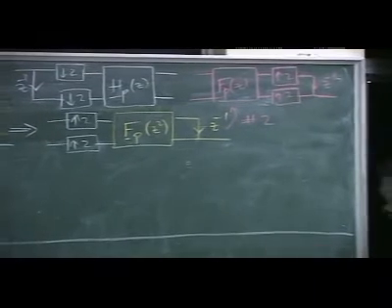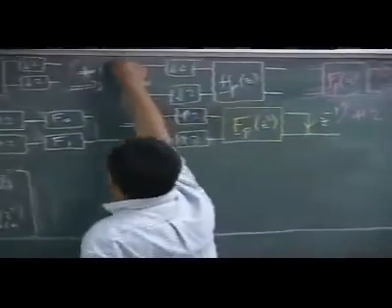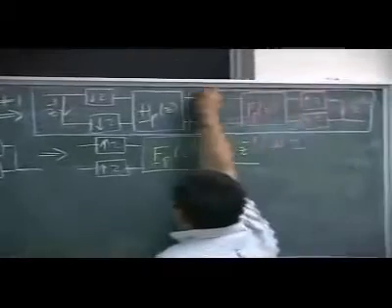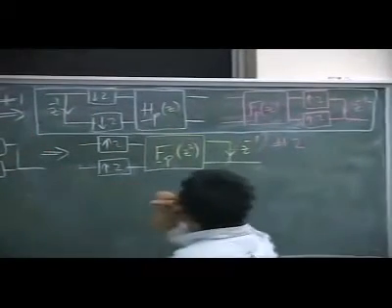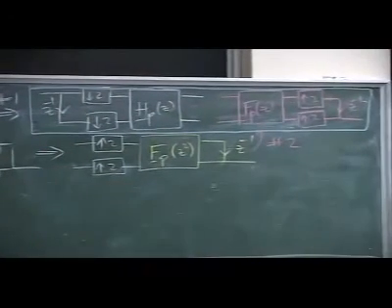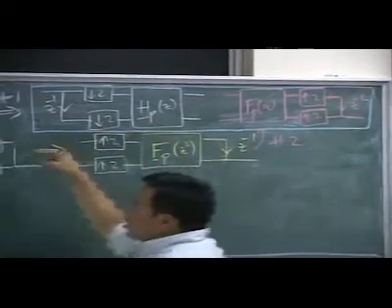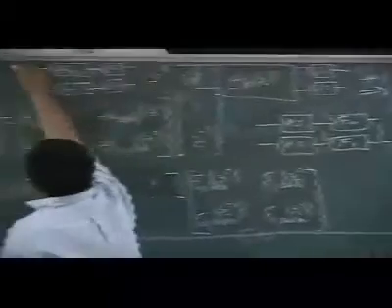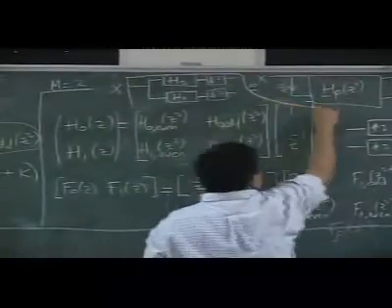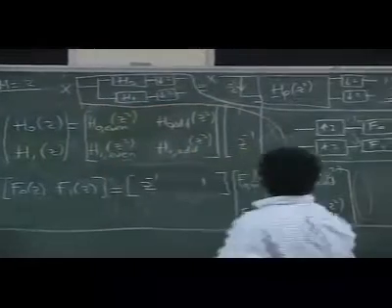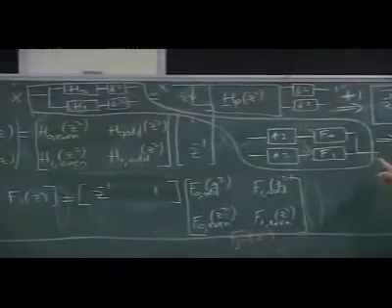So let me put a box around the structure. This is a very important structure. This structure is equivalent to the cascade of these two, right? Cascade of this with that. That's your filter bank, right?